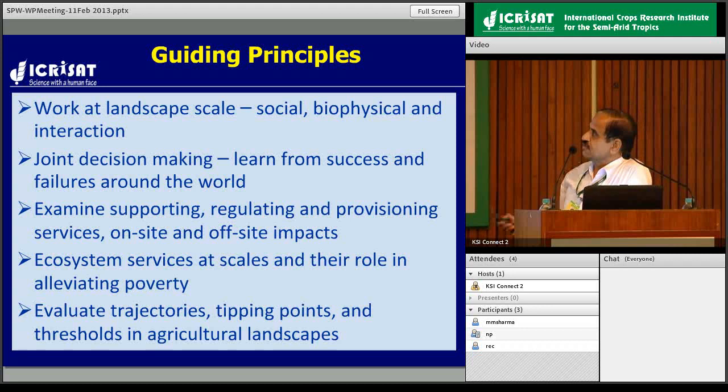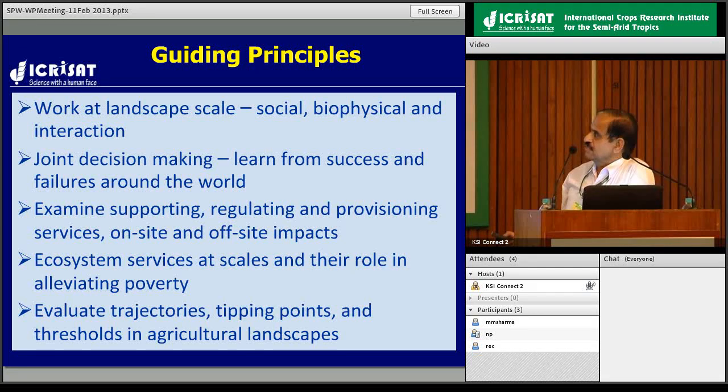Joint decision making, and learn from successes and failures around the world, as we know that water, land degradation and sustainability are global issues, and wherever good examples from earlier work are available, they need to be pulled together, and also the failures, so that we don't repeat those mistakes.